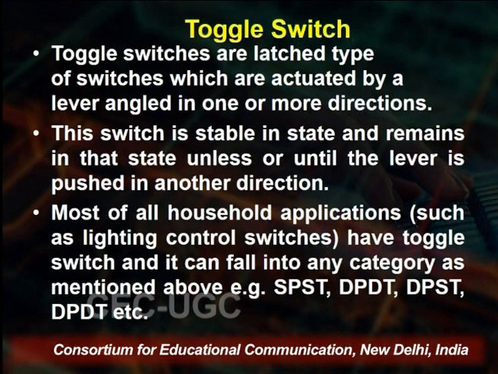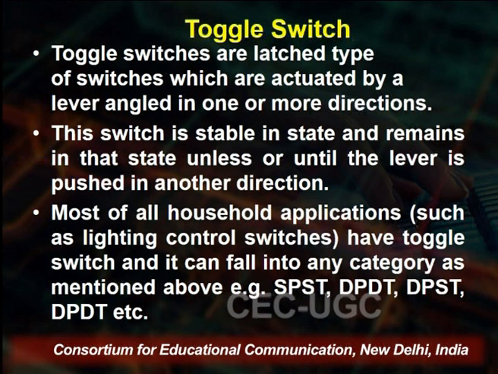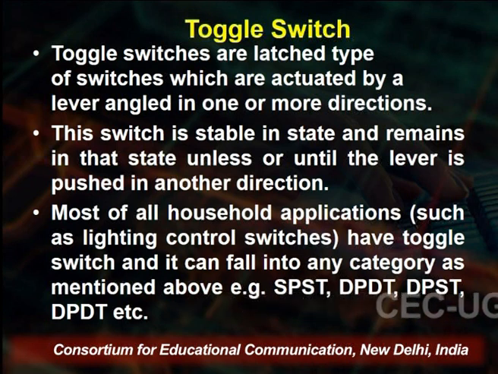So next switch is the toggle switch. That is also called one type of latched switch, and these are actuated by a lever angle in one or another direction. It means as a lever works, this toggle switch also works, like we tap it and we remove it. We see it in electronic circuits, and we also use it in the laboratories when we connect it.